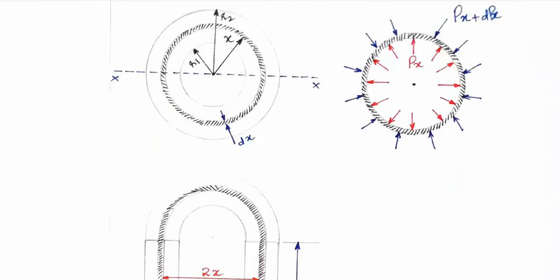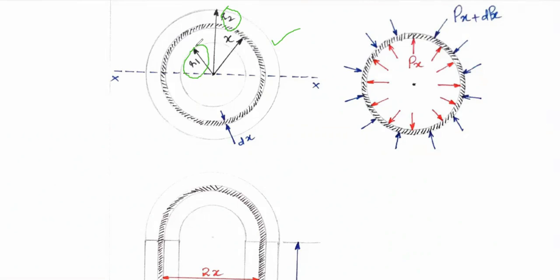So in order to start with the derivation, I have considered a pressure vessel, which is a closed container, which is a thick cylinder. So the outer radius of the thick cylinder is taken as R2. The inner radius is taken as R1.